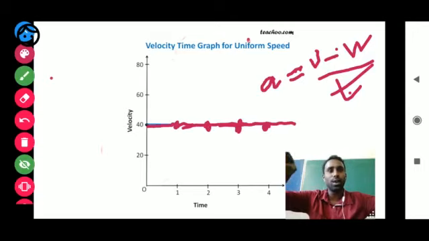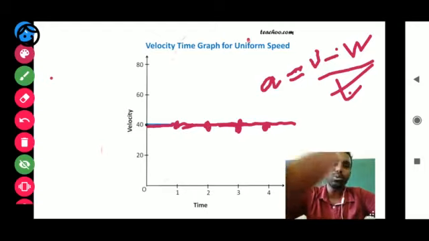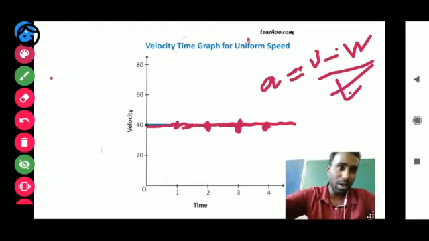So if you are going at the same speed, what will happen? Your final velocity minus the initial velocity becomes 0, because the final speed will not change. You are going at the same speed. So initial speed is 40, final speed is 40, 40 minus 40 is 0, and 0 divided by anything is 0.